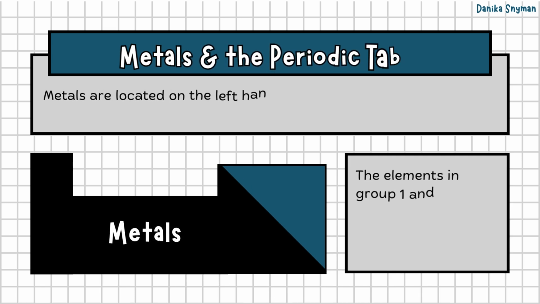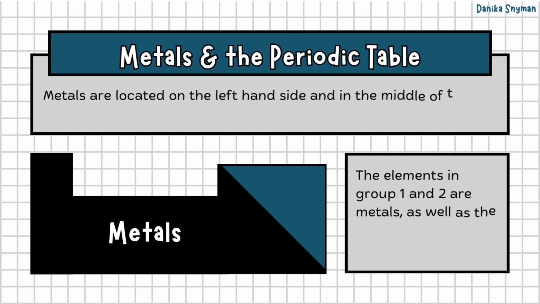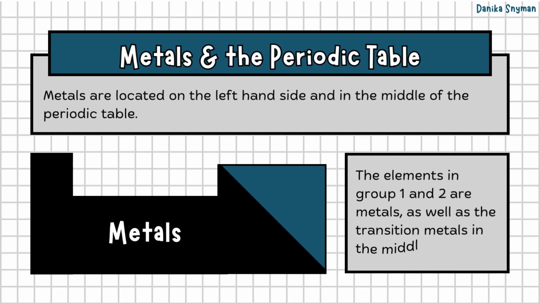Metals are on the left and in the middle of the periodic table. Group 1 and Group 2 have metals like sodium and magnesium. In the middle, we find the transition metals like iron and copper. So as you can see here, the black symbolizes the metals on the periodic table and the blue is the non-metals.